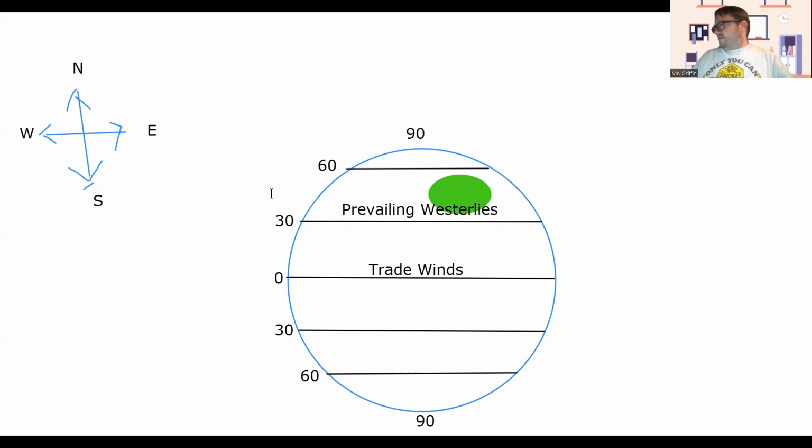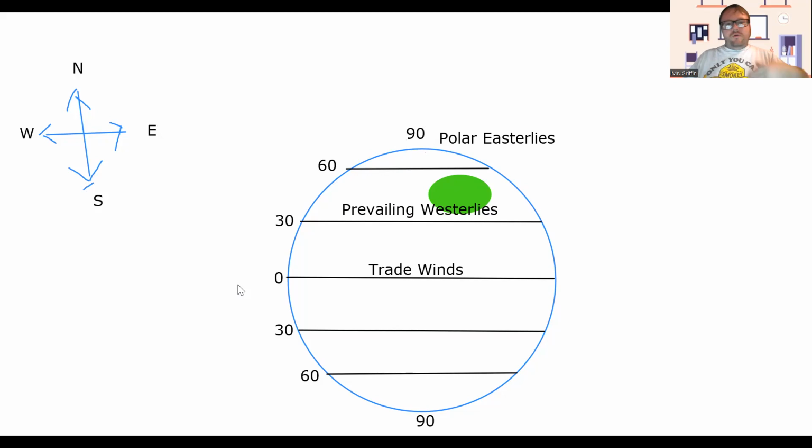And then in between 60 and 90 degrees is the polar easterlies. Make sure I spelled that right. There we go. The polar easterlies, I'm going to move that up here so it shows up a little better. Okay. So now below the equator, it'll actually be the same thing.